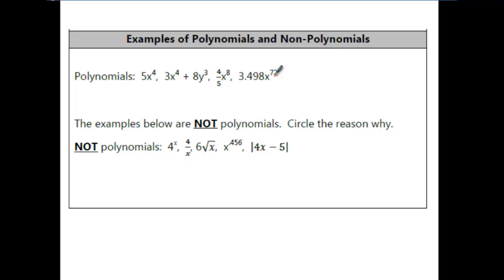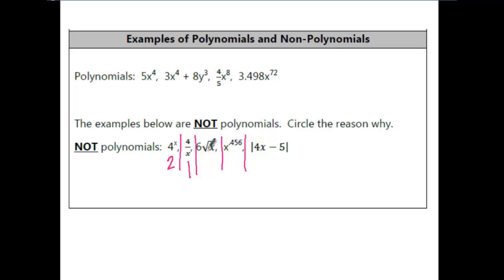So the examples below are not polynomials, and we're going to explain why. This one has an x in the exponent. That was reason number 2 for why it could not be a polynomial. So I'm just going to divide these up so we can write down which reason it is for each one of these. 4 over x has a variable in the denominator, so that is reason number 1.